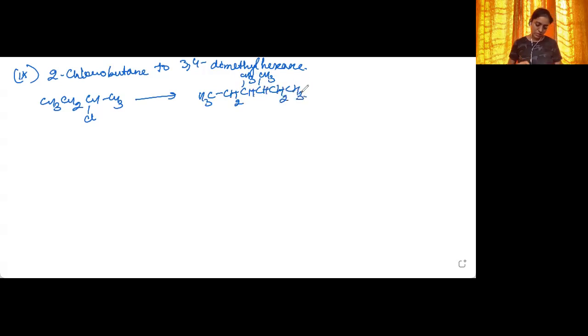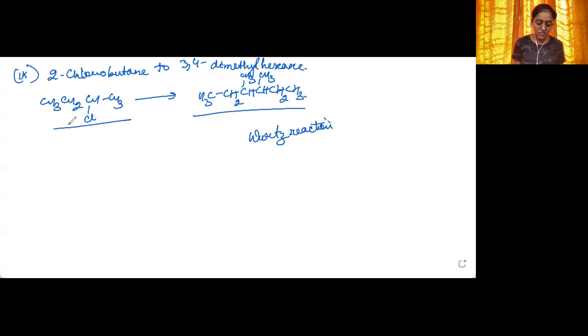Okay, let's see how we can convert it. First of all, check that here there are 4 carbon atoms and in the product there are a total of 8 carbon atoms. When the carbon atoms are double in number, there can be the possibility of Wurtz reaction. So this is a question of Wurtz reaction only.